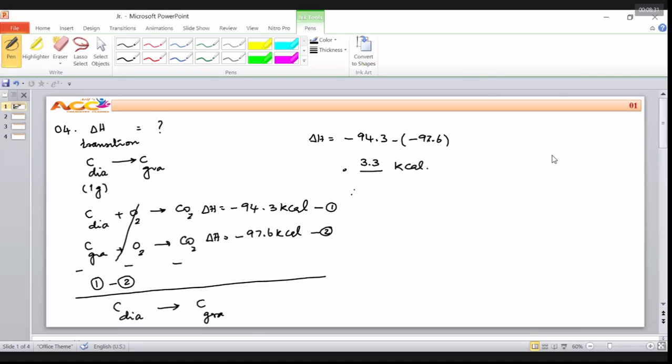Now you have to say del H transition for 1 gram of compound is equal to 3.3 divided by 12, so many kilocalories. Whatever you get, report it the same way. I think you are getting a plus answer, so this is also plus. Go ahead. Answer is 0.275 kilocalories.